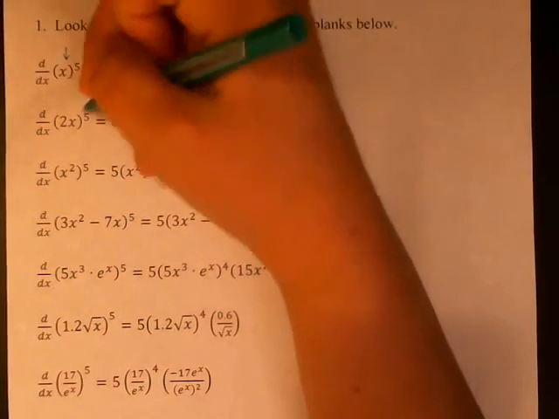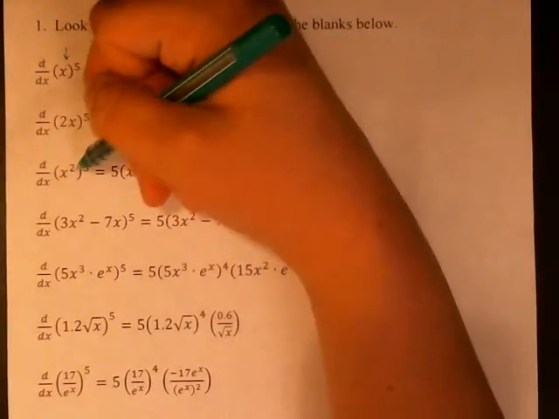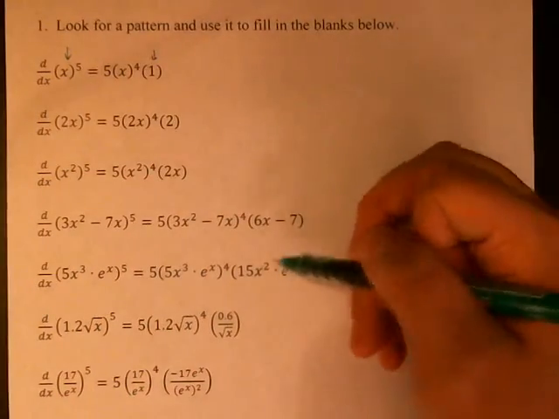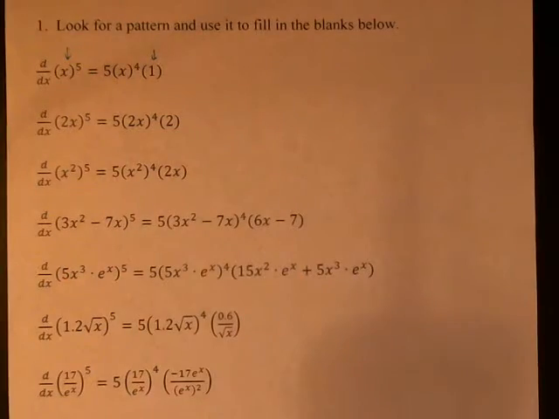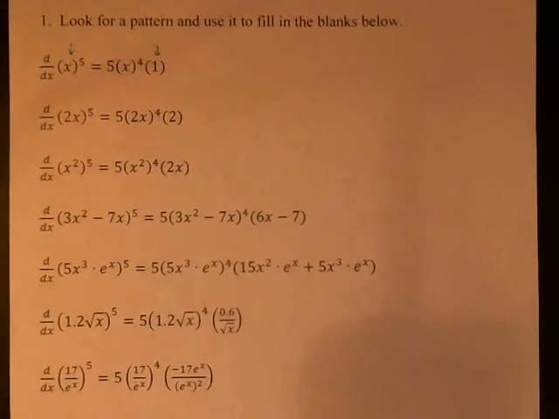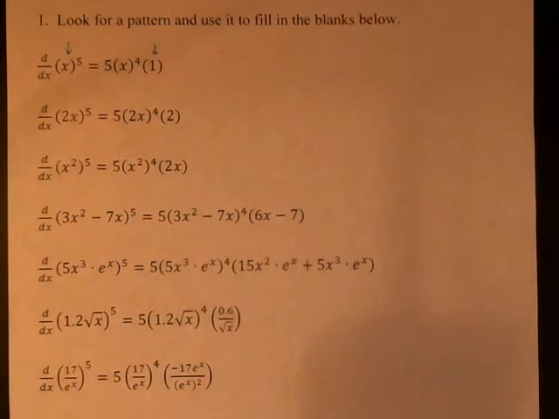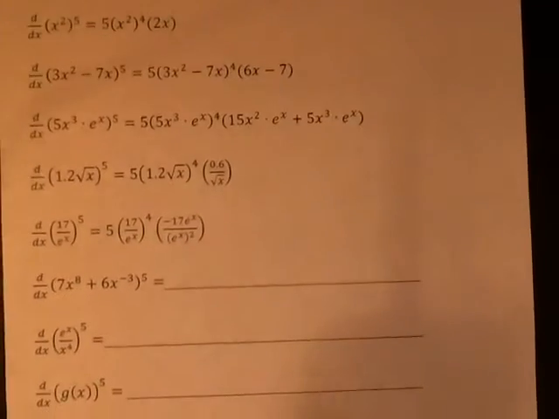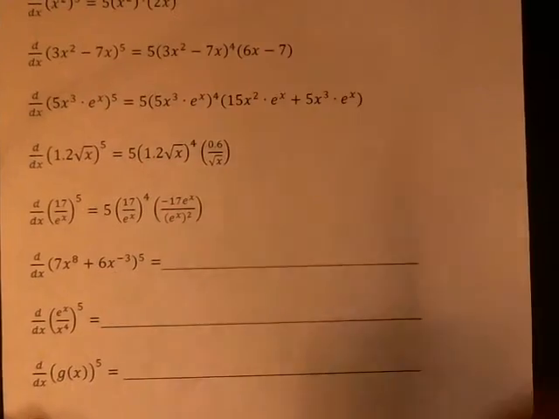Derivative of x is 1, derivative of 2x is 2, derivative of x squared is 2x. And so on. So all of these should be the derivative of the thing in the parentheses over here. Which means, and don't forget, these are all examples, so as you go back and you're trying to work on homework, if you're looking for more examples, you can look at all of these to try and follow along and see how this works.